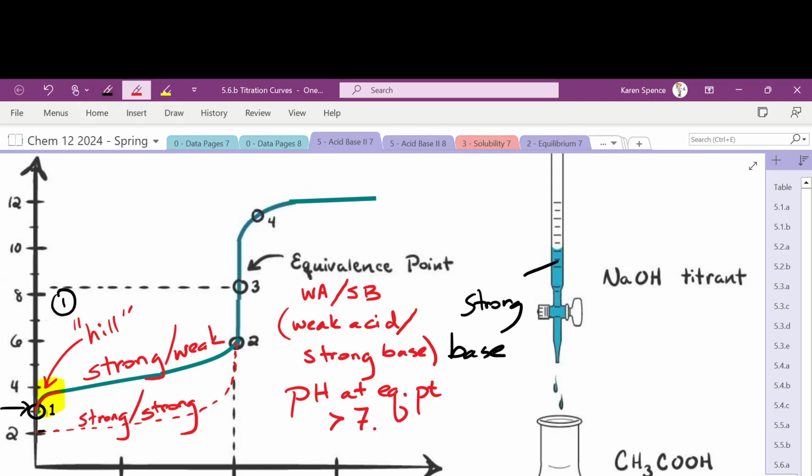Now, I'd like you to think that through a little bit and think what particles are present at the equivalence point that might be making it basic.